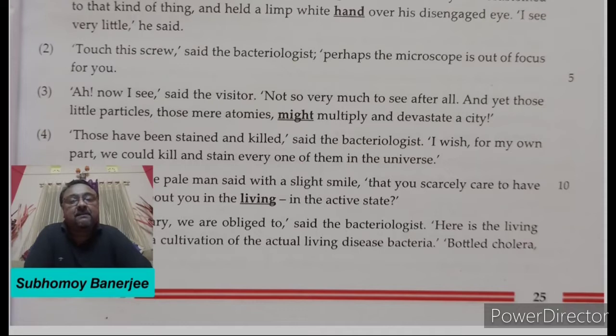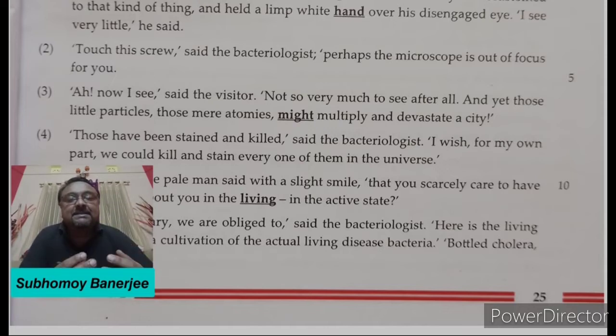Might here refers to a possibility. Might. Could. Quite possible that. This is what might means here. But might also has another meaning, just as the word hand also has another meaning. That meaning is for you to think. They will not tell you, but you have to use your brain.